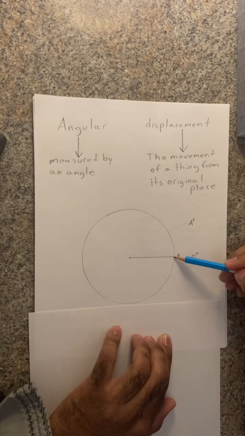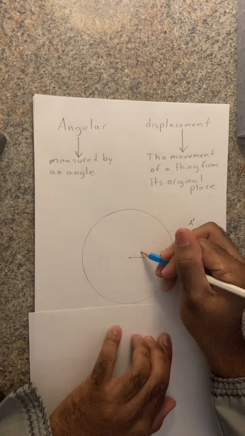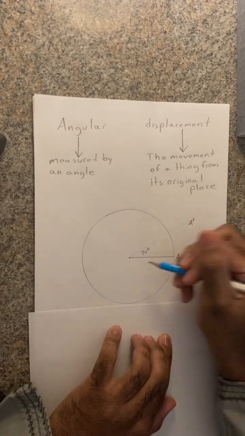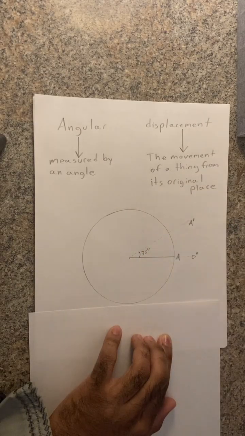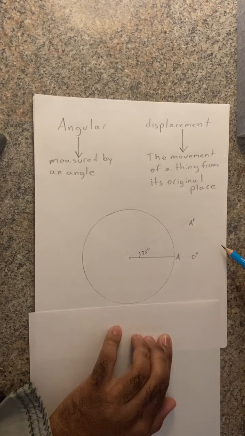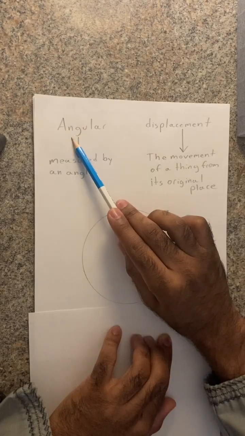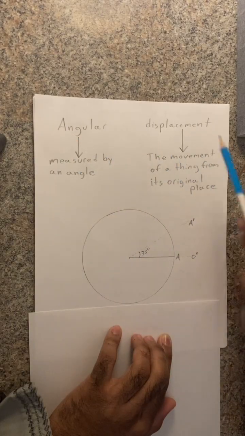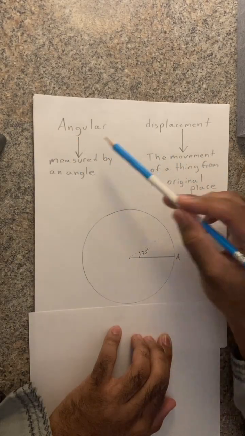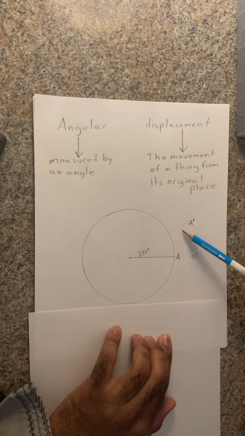So from 0 degrees, this has moved approximately 30 degrees. So that means this angle is going to be 30 degrees. With that being said, the angular displacement of line A to line A prime is going to be 30 degrees.